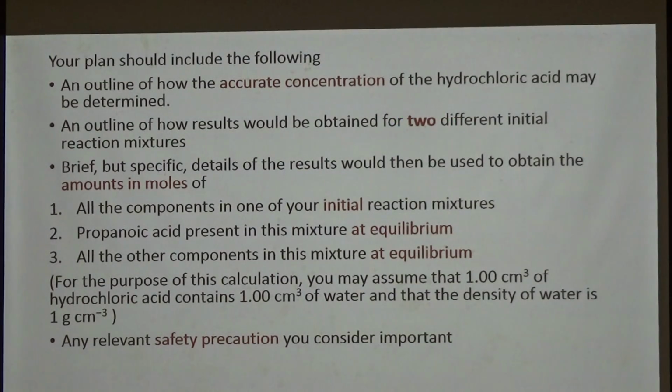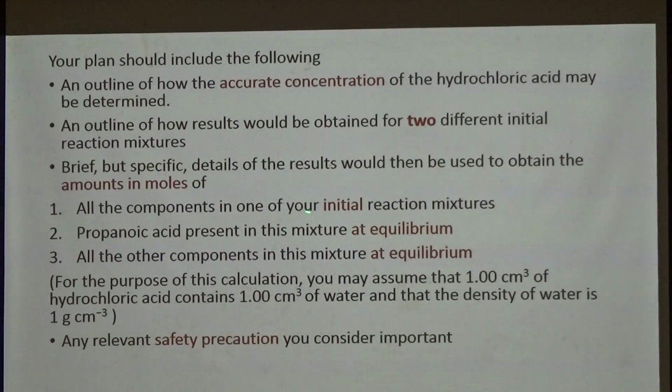So in order for you to get 2 Kc values, you need to do 2 experiments. So how do you prepare 2 different experiments? Brief but specific details of how the results would then be used to obtain the amounts in moles of all the components in one of your initial reaction mixtures.